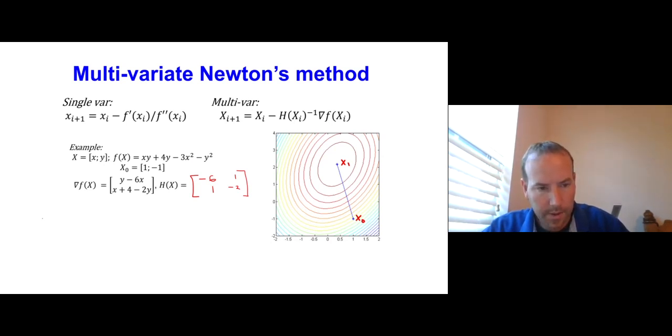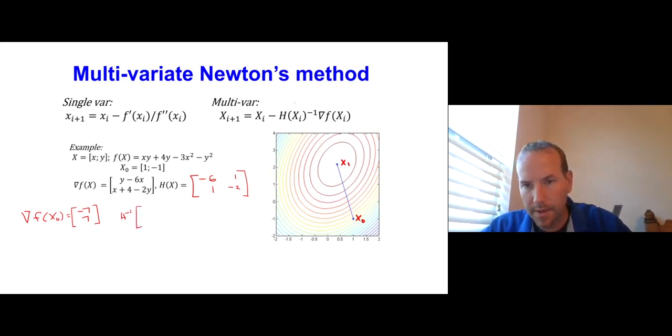And then we're going to plug this into our overall equation. Oh, first off, we need to know what the gradients are. So the gradient of x0, evaluating this at x0, equals -7 and 7. And the inverse of the Hessian, notice that you're going to have to take the inverse of the Hessian right here.